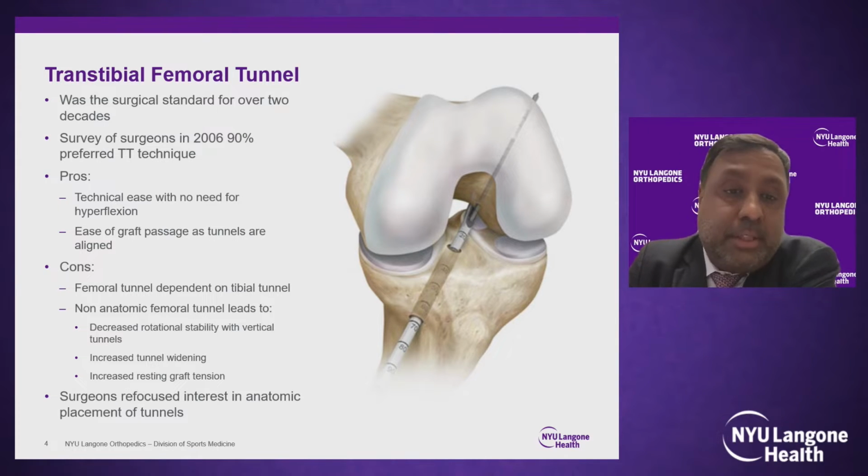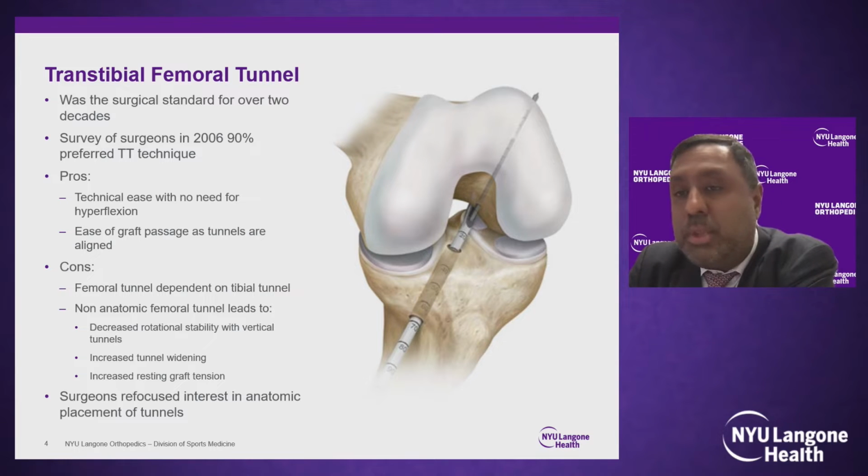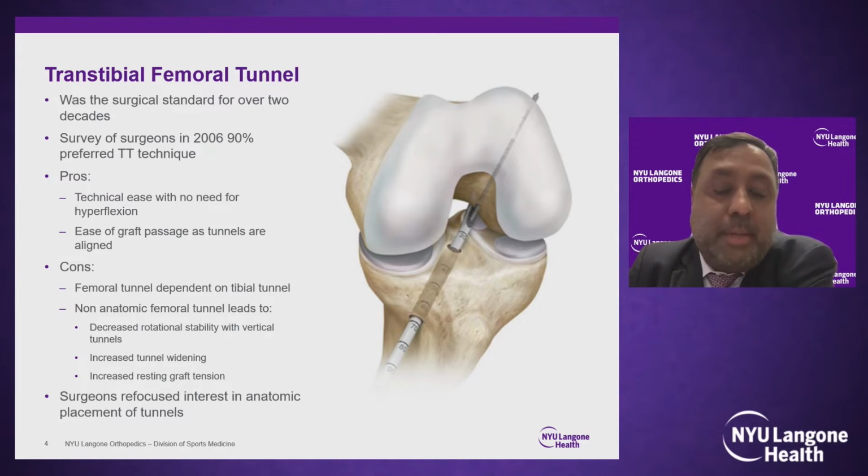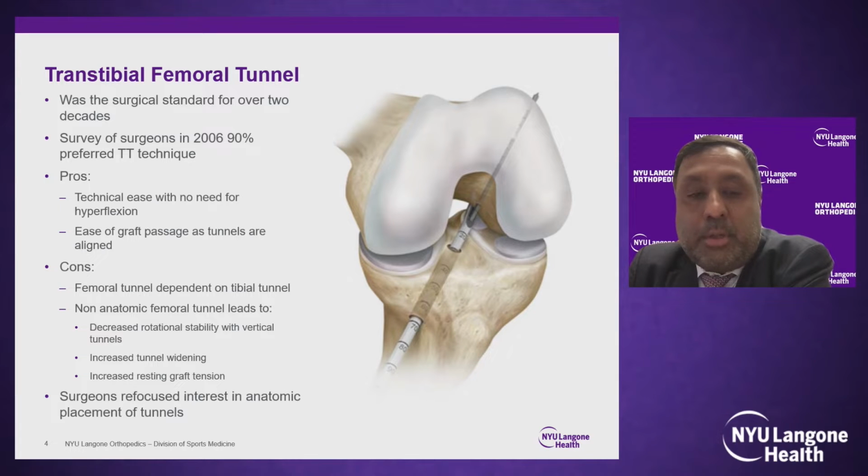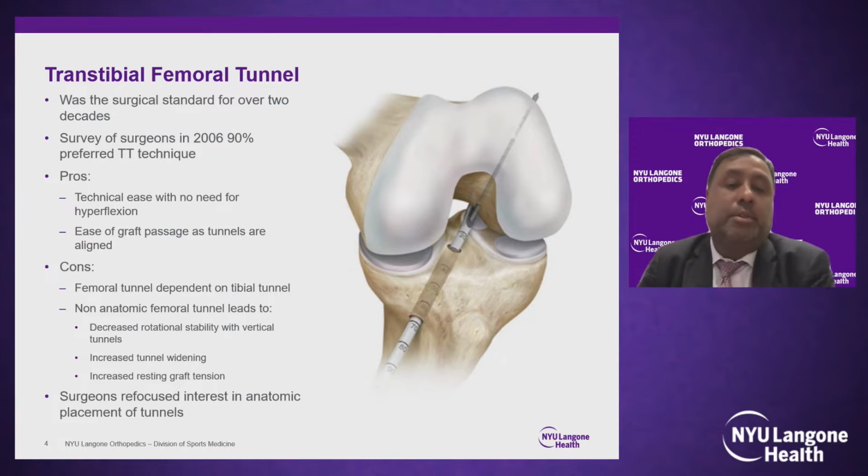The disadvantage, of course, was that the femoral tunnel was dependent on the tibial tunnel, and a poorly placed tibial tunnel would then compromise your femoral tunnel, commonly being too vertical or even anterior. Sometimes we were using smaller grafts, such as hamstrings, when drilling an 8-millimeter tunnel, and it was sometimes hard to hook the posterior cortex, which led to anterior non-anatomic tunnels.